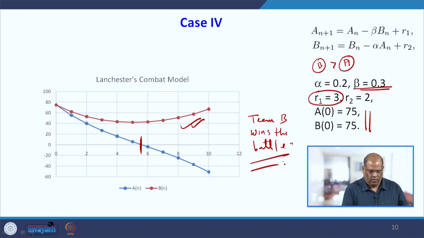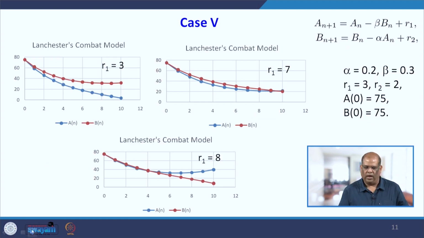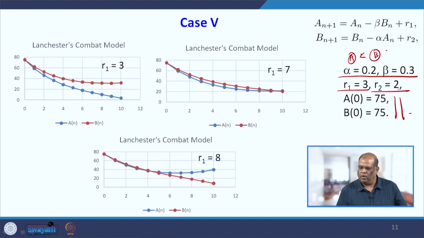And finally, we have case 5. So, what we do is that we keep the number of both the armies same. The fighting effectiveness of team A is less than team B. The reinforcement of team A is more than team B. So, if the reinforcement is 3, then we see that here your team B wins.